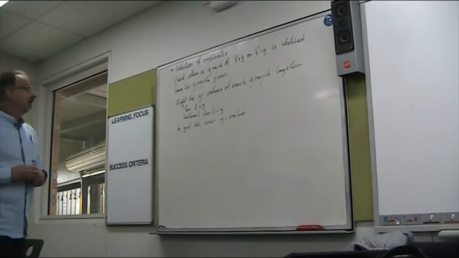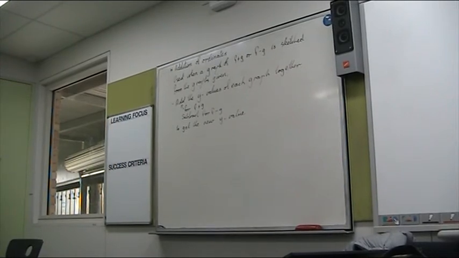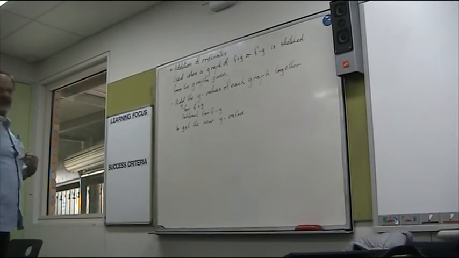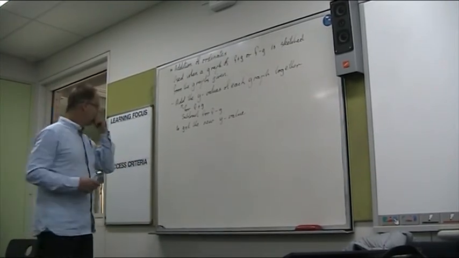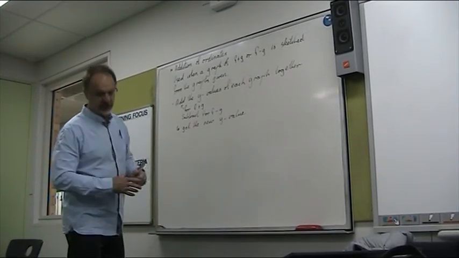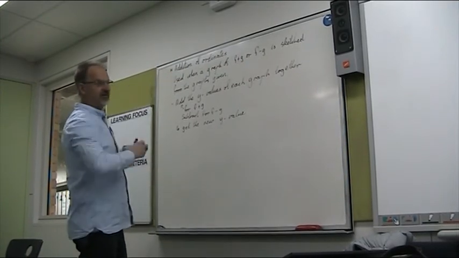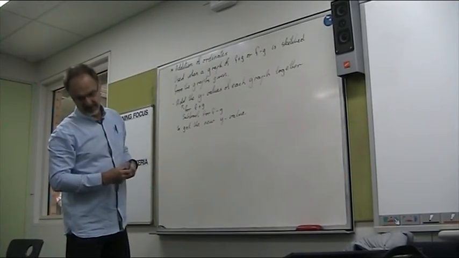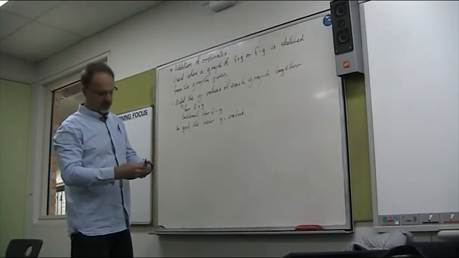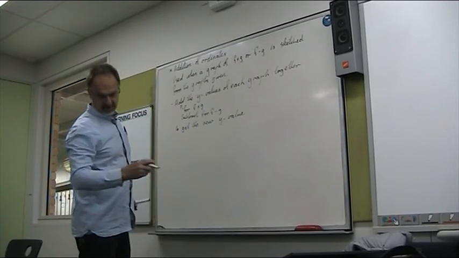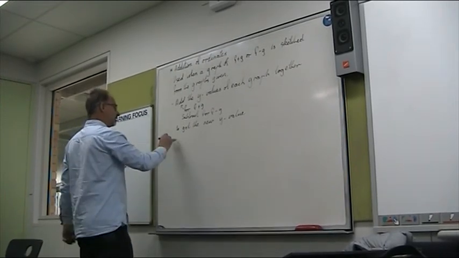As I said, there have been lots of multiple choice questions which say which one of the following could be f plus g, when you've been given graphs of f and g. Alright, so let's look at an example.